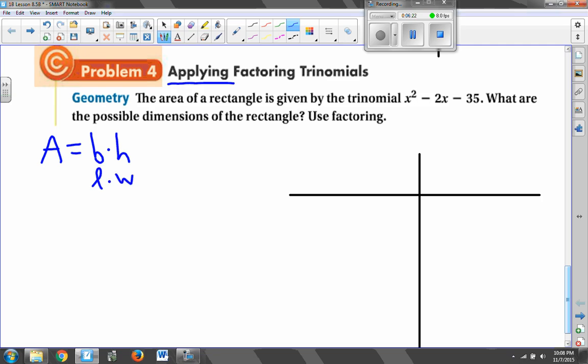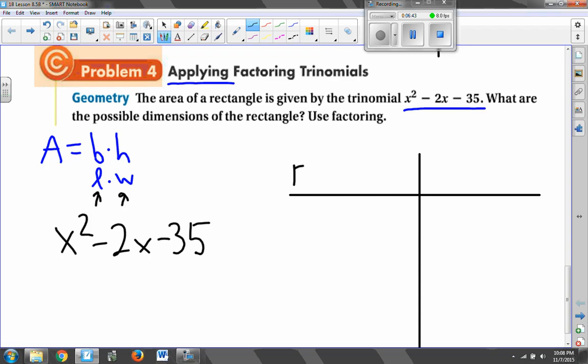So, I am going to take this trinomial, that quadratic there, and factor it into two pieces multiplied by each other, like length times width. Okay? So x squared minus 2x minus 35. I need factors of negative 35.